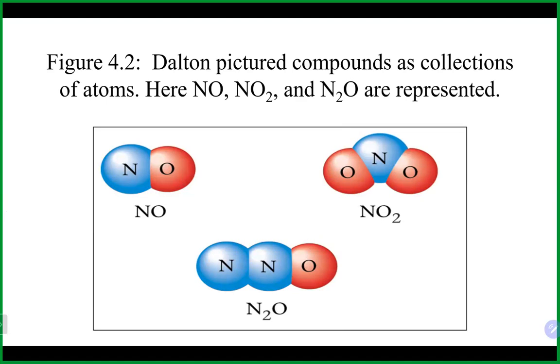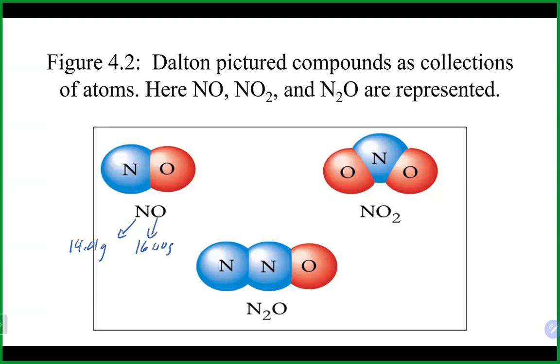So for example, there's always a whole number ratio of what's present. So for example, if we look at this, this is nitrogen, which is about 14 grams, oxygen, which is about 16 grams.